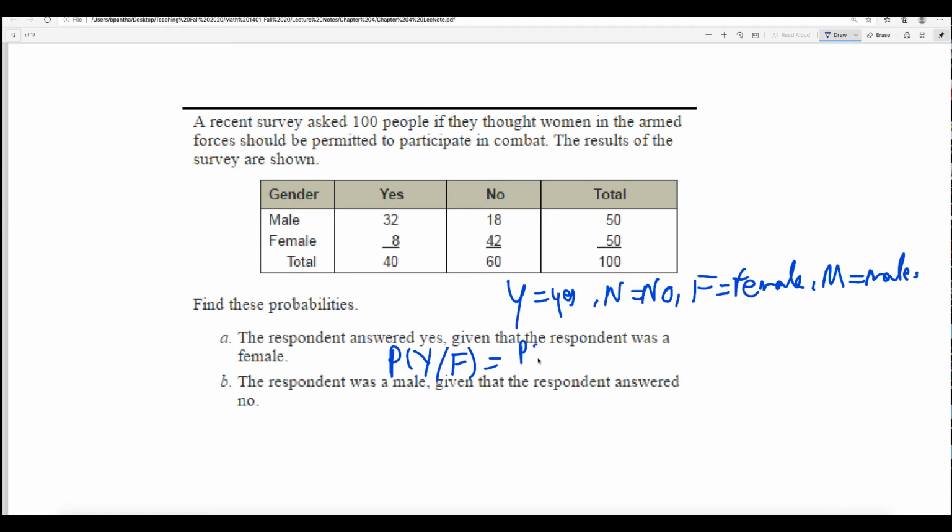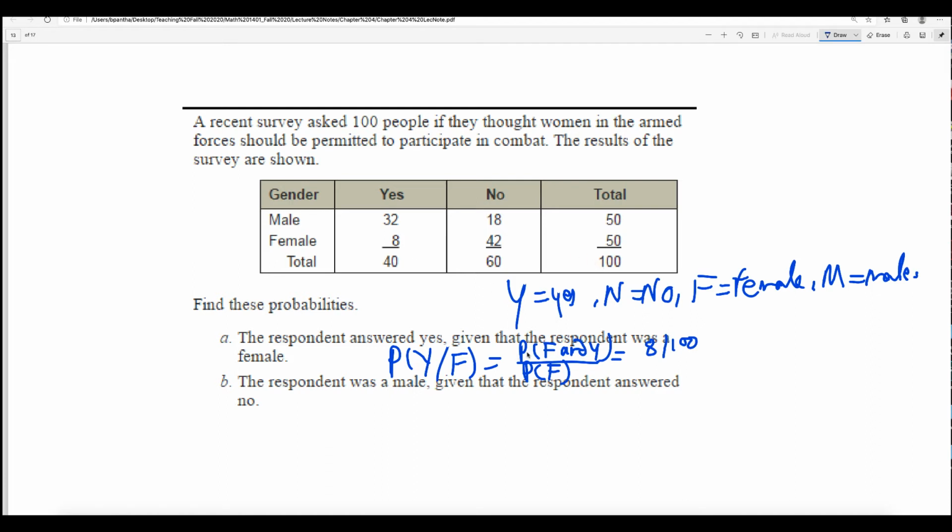What is the formula? Probability of F and Y divided by probability of F, right? So what is the probability of F and Y? Probability of female and yes is 8 out of 100, because the total is 100.